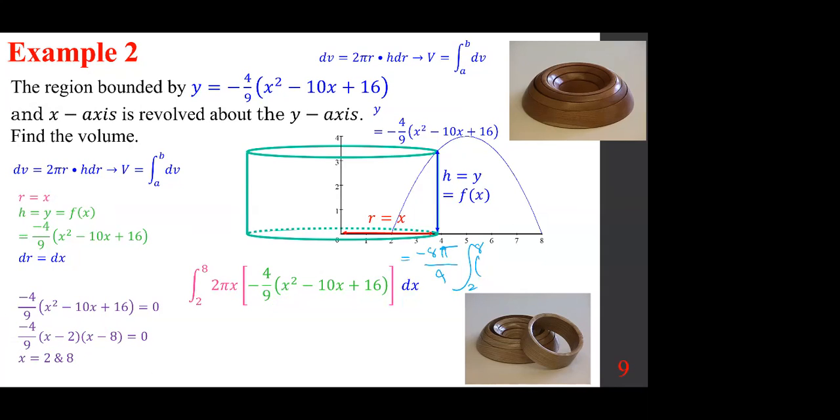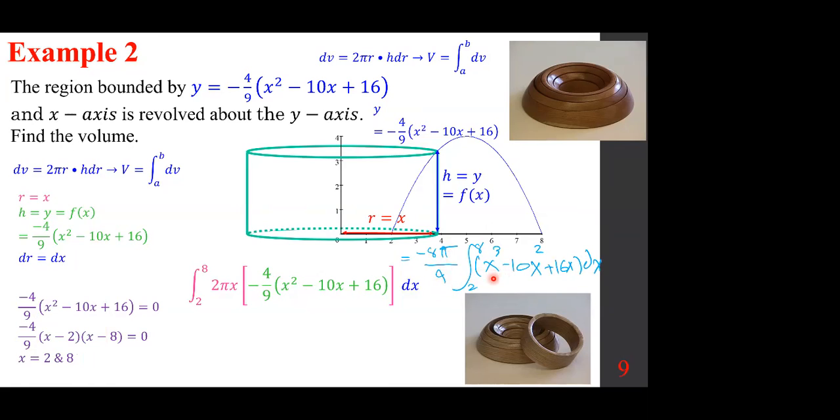And the x gives us x cubed minus 10x squared plus 16x dx, minus 8 pi over 9 remains.